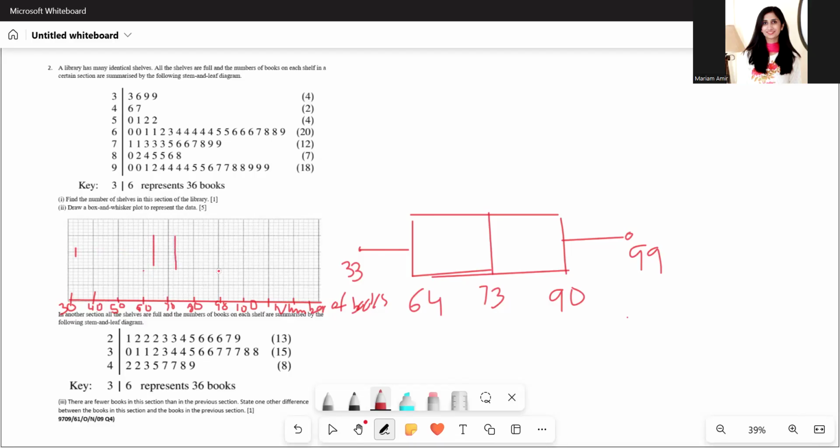Then 90 is right here. Then we need 99, so half a box before 100. Join these with vertical lines. Okay, this is the box and whisker plot.